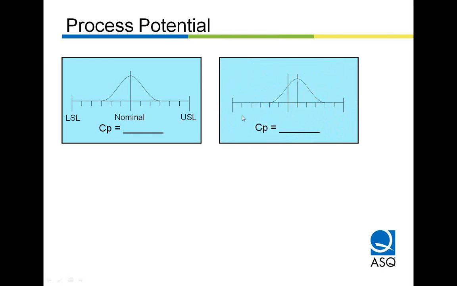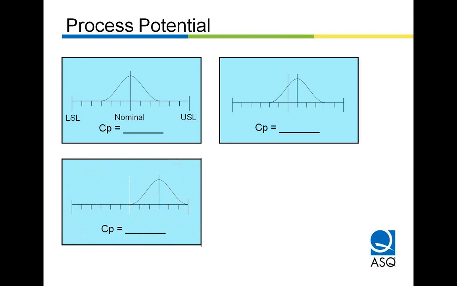Well, if we have this process shift by a standard deviation, we still have 12 standard deviations between the upper spec and lower spec, and the process is still 6 standard deviations wide. 12 divided by 6, it's still 2, even though it's not centered.